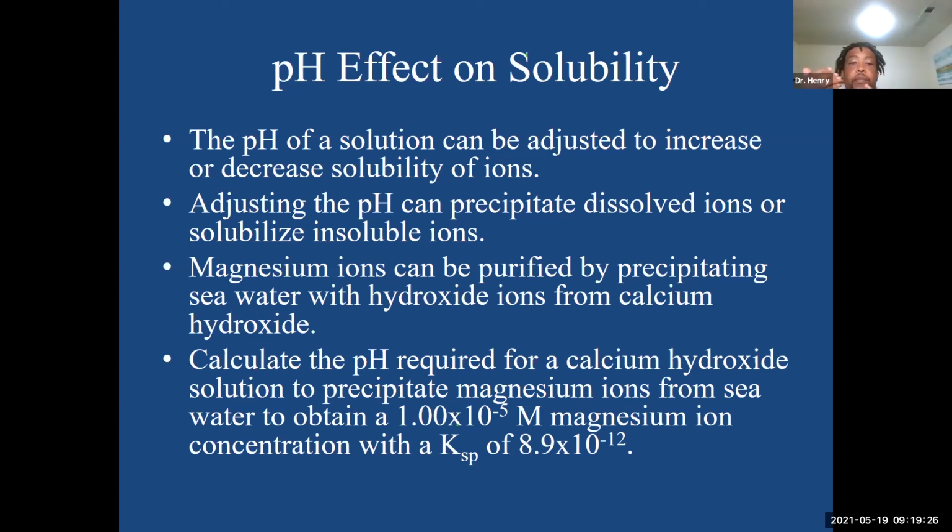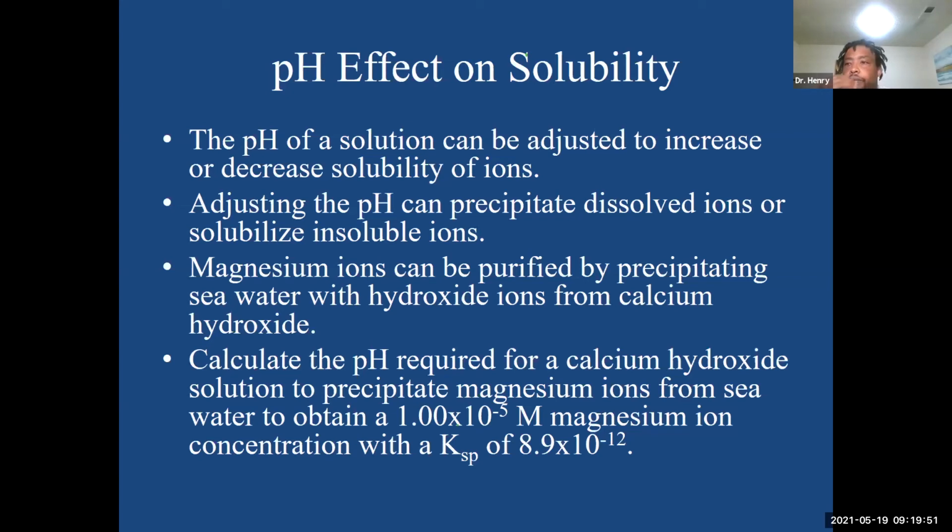So we know that pH can actually affect the products in this situation, because in the case of magnesium, it will actually form a precipitate with the hydroxide ion.